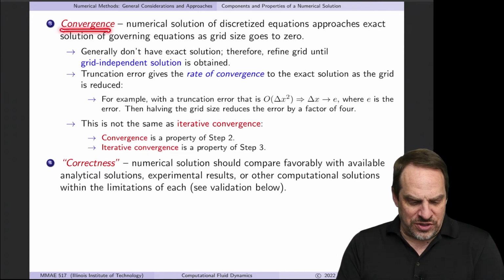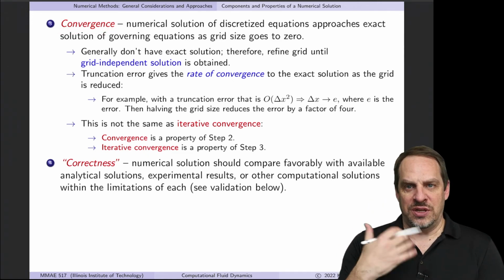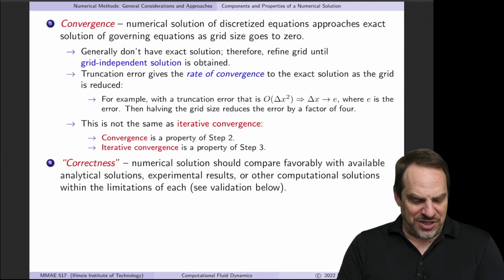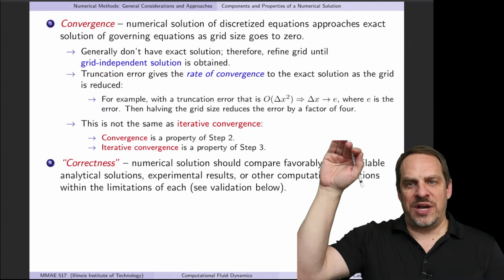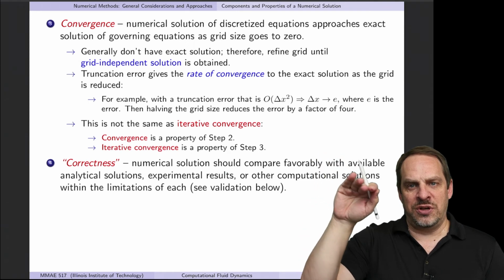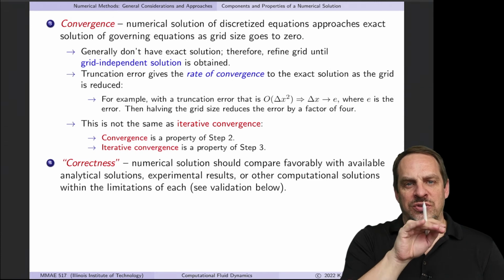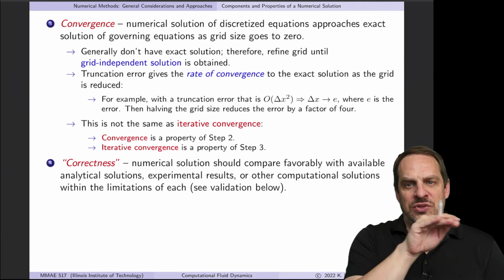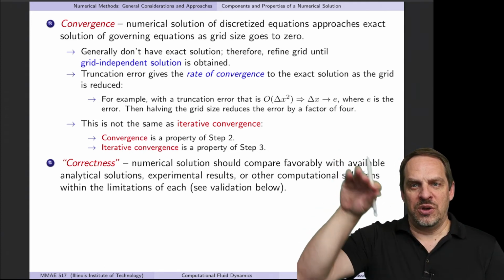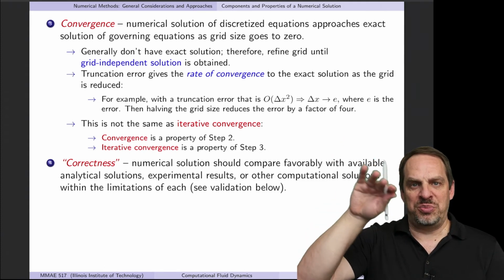So convergence is normally tested in the field, in practice, by checking for grid independence. So as you refine your grid, the error should come down, and it'll reach a plateau. And when it reaches that plateau, you say that the solution is grid independent. The solution I get really does not depend much on my choice of grid. When it's still coming down, it's still dependent on the grid.